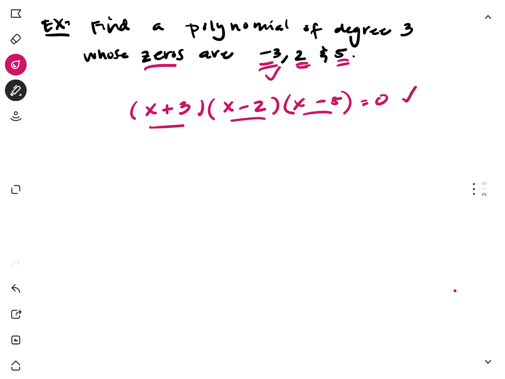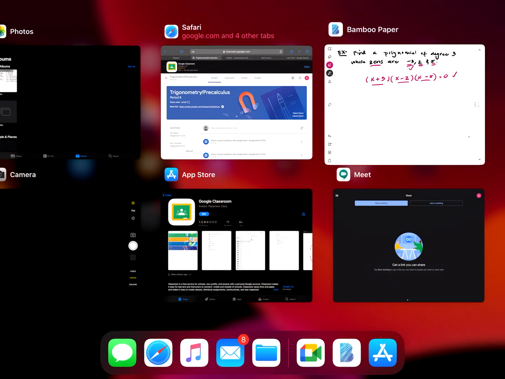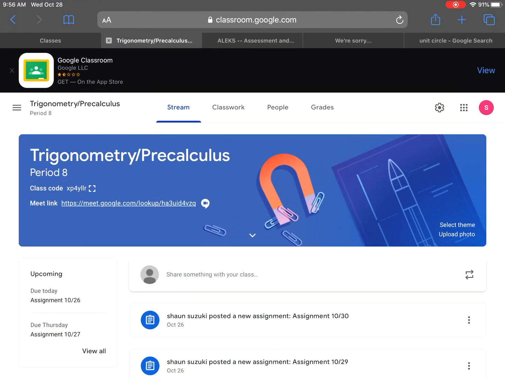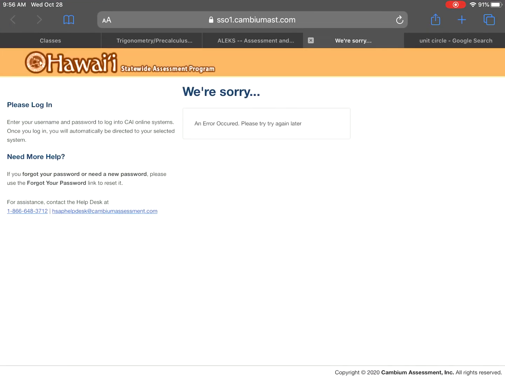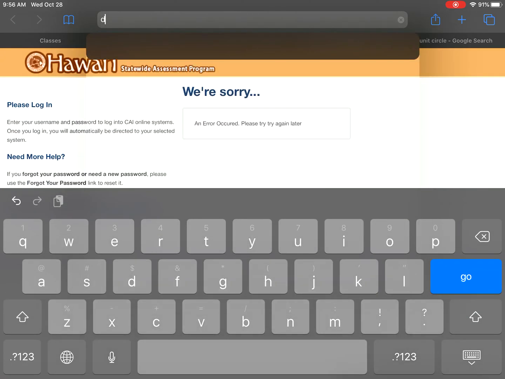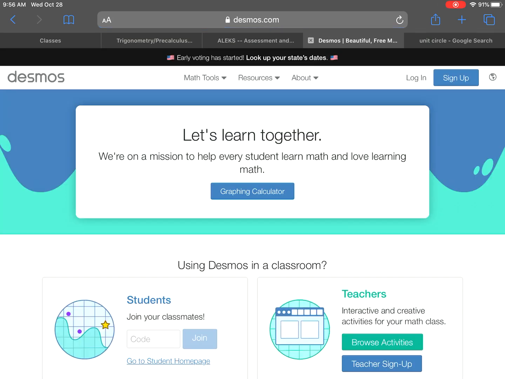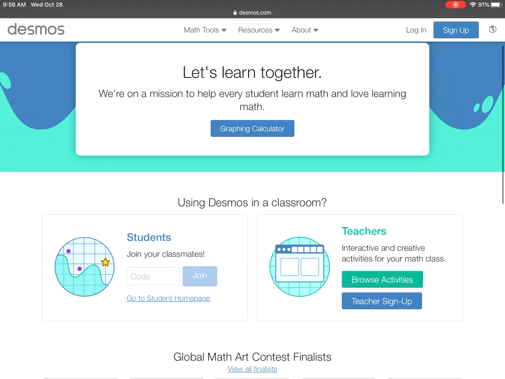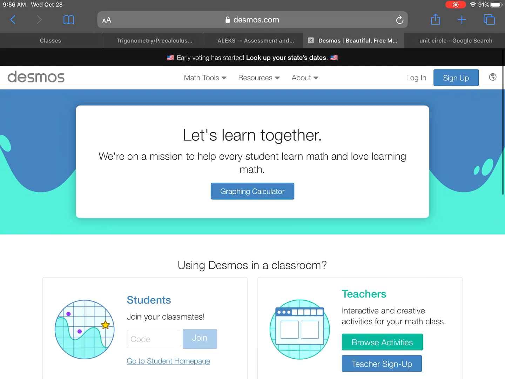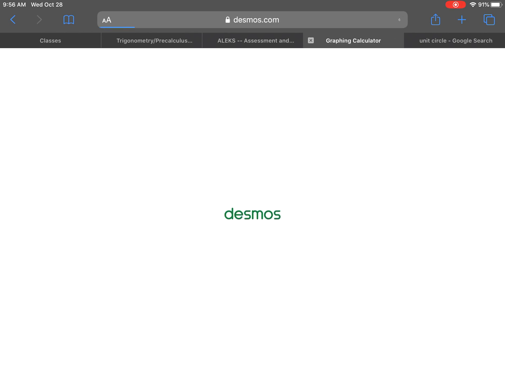Now, the interesting thing here is that it says find a polynomial of degree 3 whose zeros are negative 3, 2, and 5. So let's look at the graph of this. We'll go to Desmos here, just so we can graph it and verify that what we're saying is true from our equation.